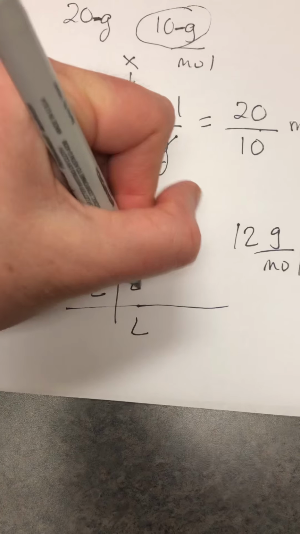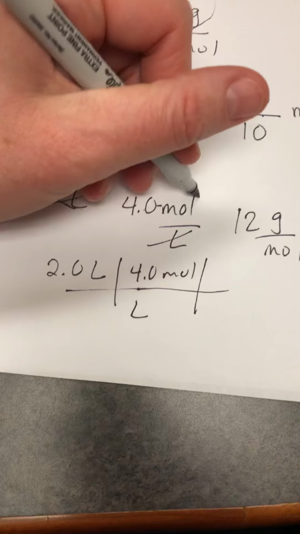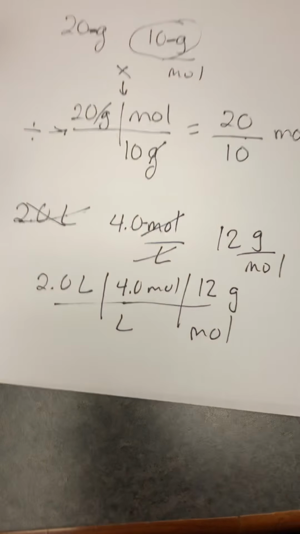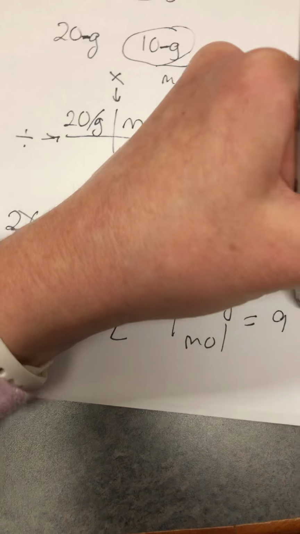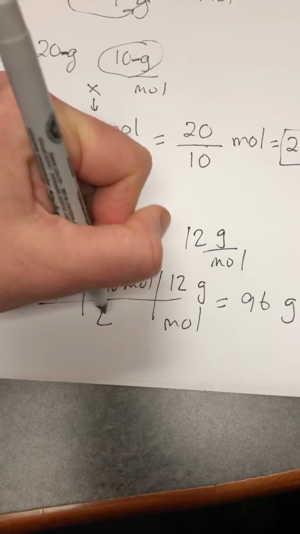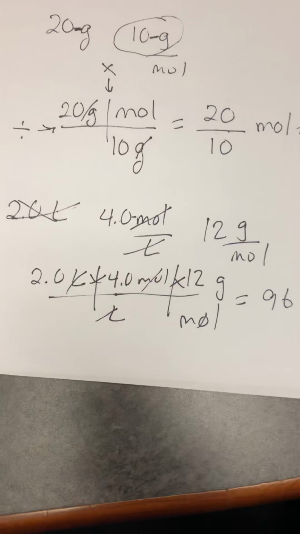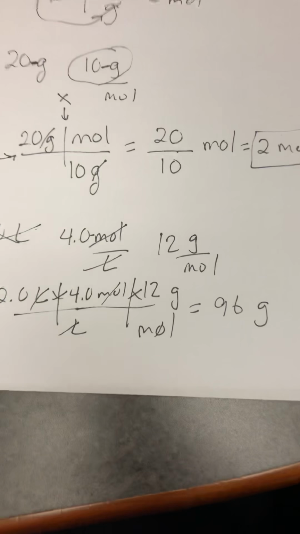What's left up top is mole. And again, that 4.0 must stick with it. Now we use both of those. If this is mole, we must put mole here. And what's left is 12 grams. And I think this would give you, looks like 96 grams. Liters cancel, moles cancel, and again, these vertical lines are all multiplication. So 2 times 4 times 12 equals 96 grams.